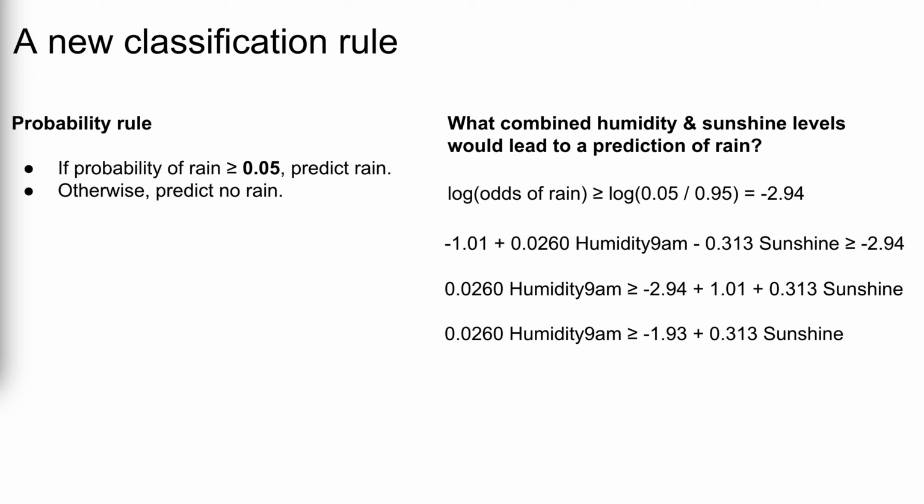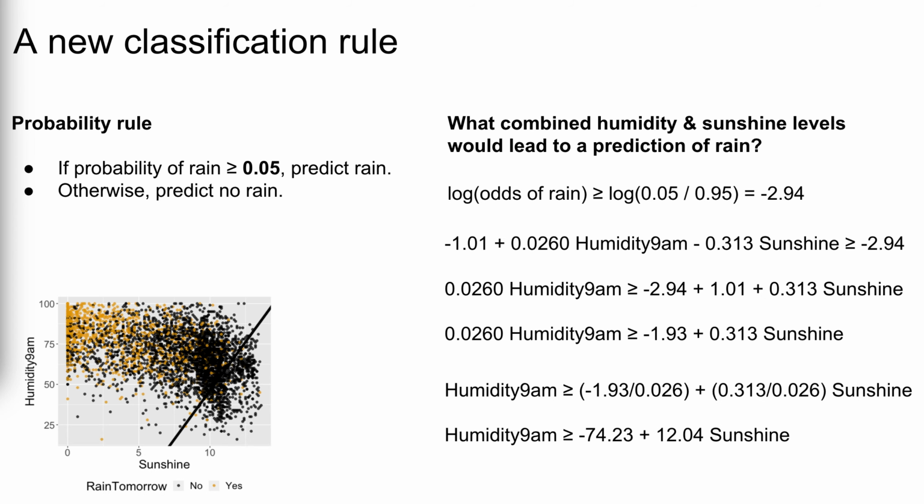And then combining the negative 2.94 and 1.01 constants produces one constant of negative 1.93. We can then divide both sides by the 0.026 humidity coefficient. Thus, if humidity is at least negative 74.23 plus 12.04 times sunshine, we'll predict rain. This rule produces the classification regions shown here.